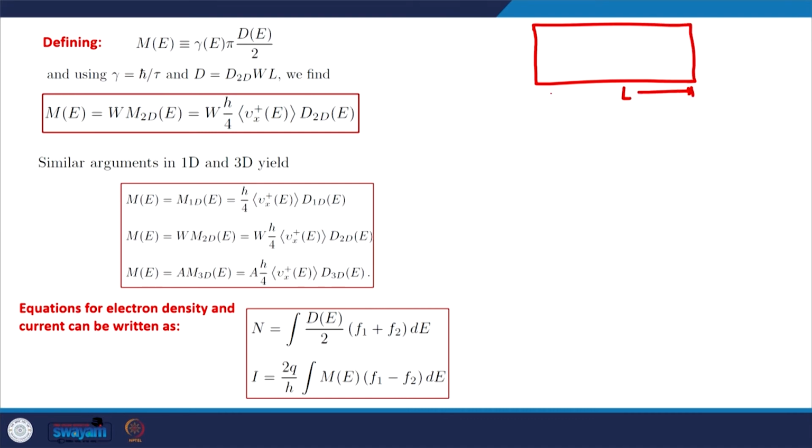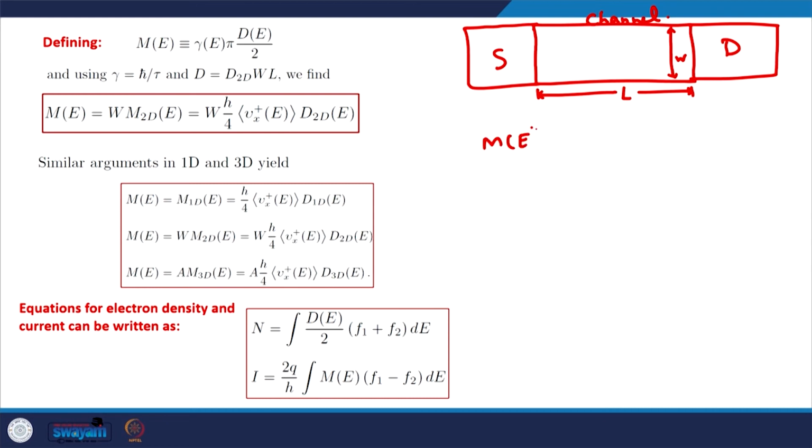We have the length, the width, the source contact and the drain contact. This is the channel. The number of modes in the channel is given as, from here, W times h by 4 times the average velocity in the x direction.